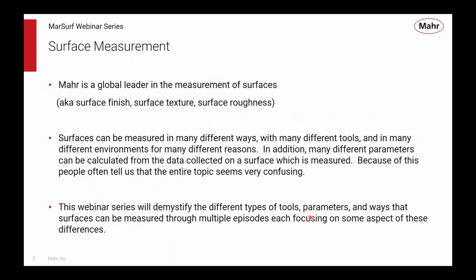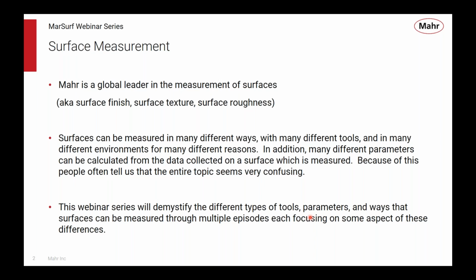Many of you, from seeing who has registered, are quite familiar with Mahr, and so you're aware that Mahr is a global leader in the measurement of surfaces. Some people talk about surface finish, some talk about surface texture, some talk about surface roughness, others just say finish. There are a lot of words for it, but it basically means the texture of a surface.